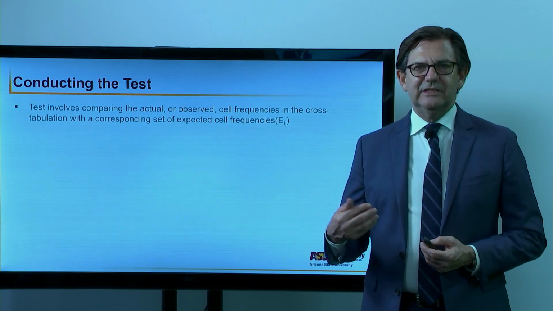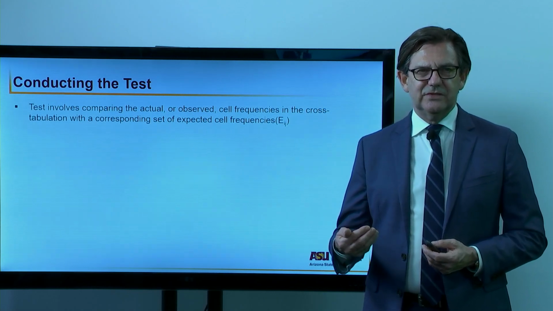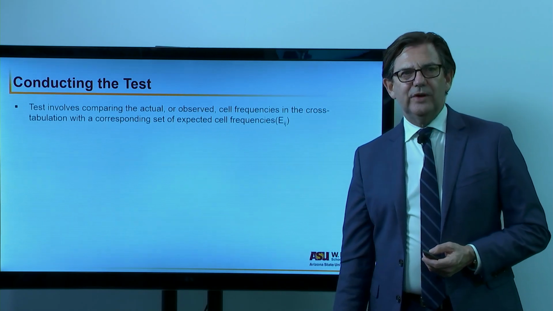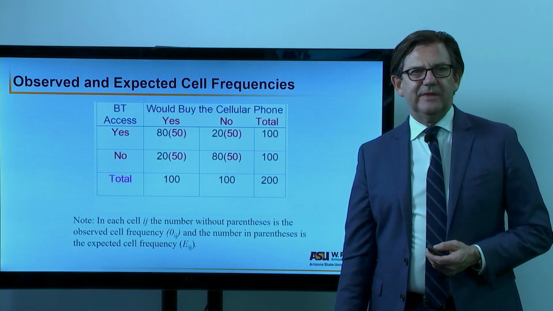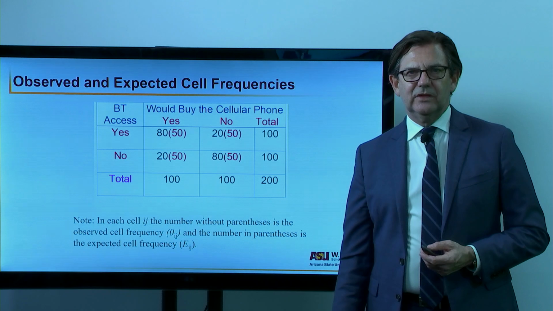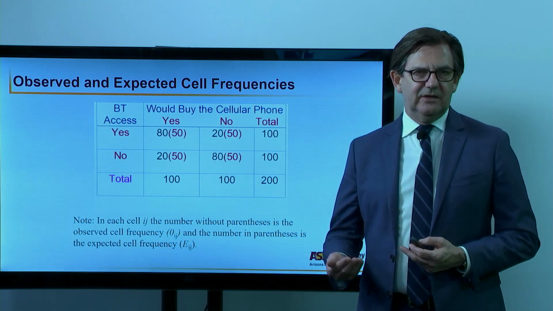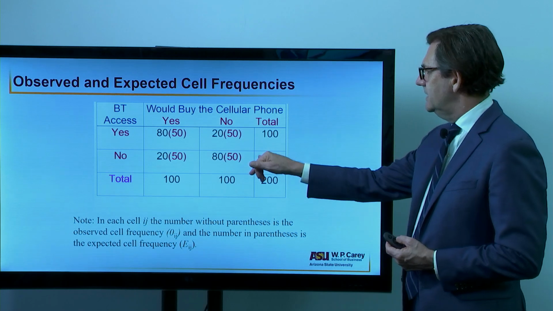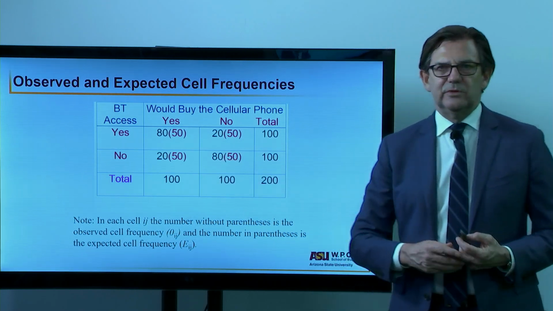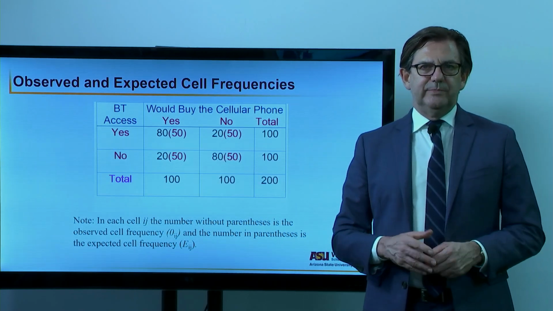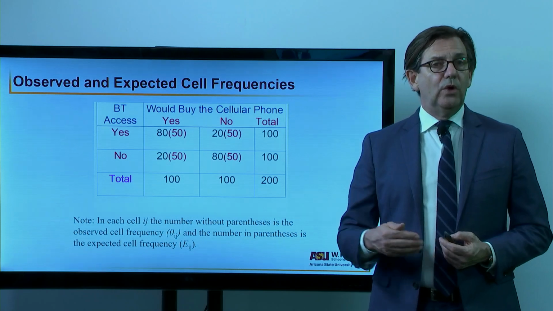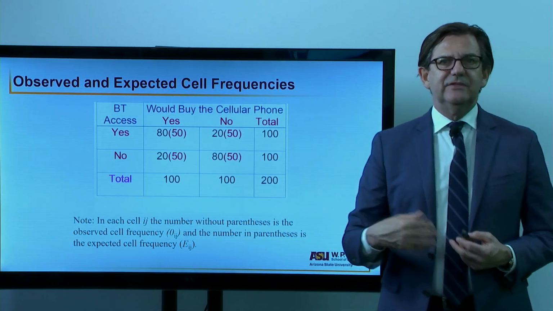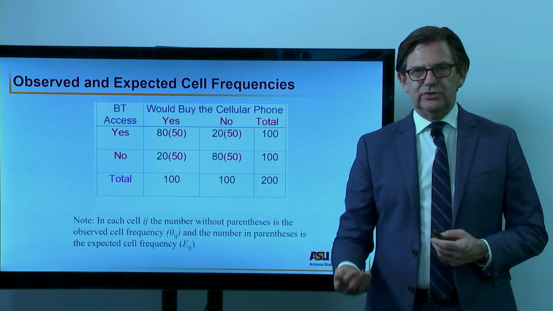So what we're looking at here is what you observed and what you expected in this situation. What does this mean? The black numbers are the numbers that we already know: 80-20 and 20-80. That's what we observed. The red numbers are what we would expect, these numbers here. These are the numbers we would expect if there was no relationship between Bluetooth and buying.